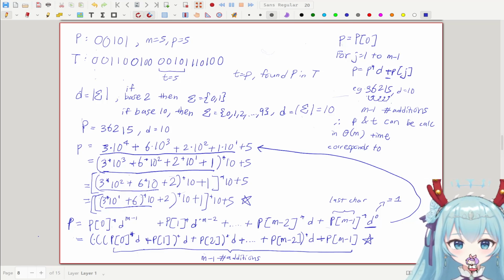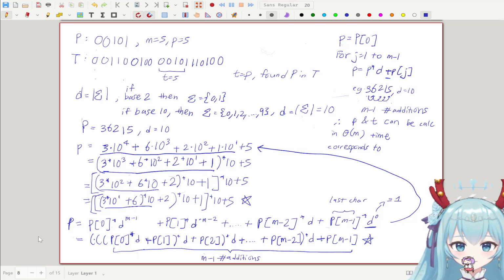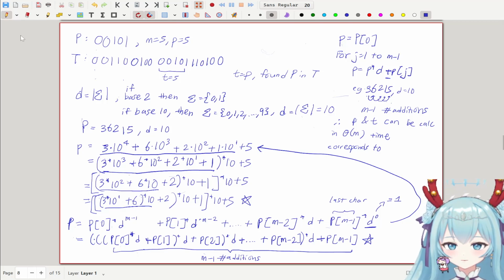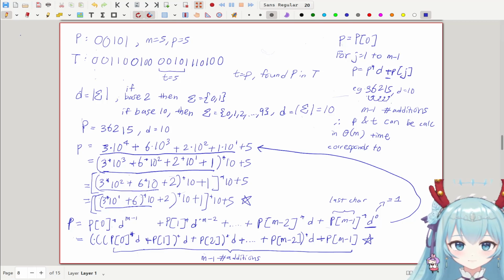Okay, so earlier we were talking about how to calculate the value for small p of small p. So you can see over here we were last stuck over here. The last part we started on was over here.